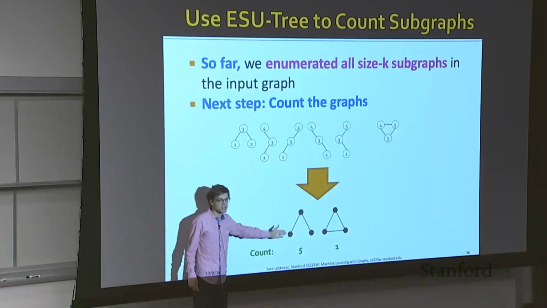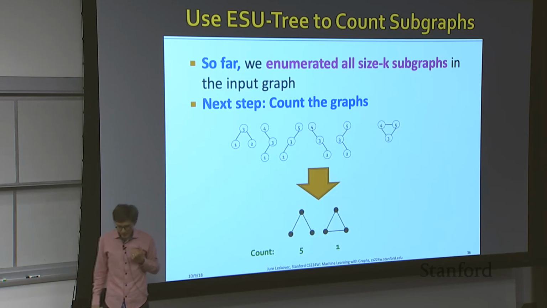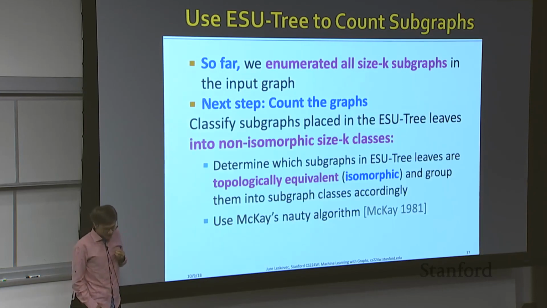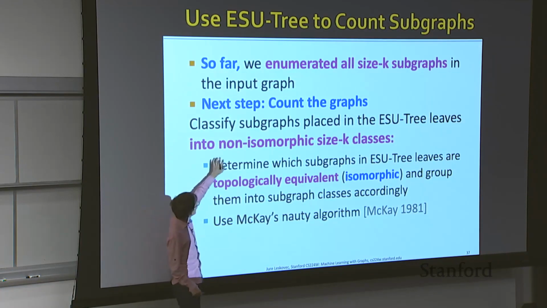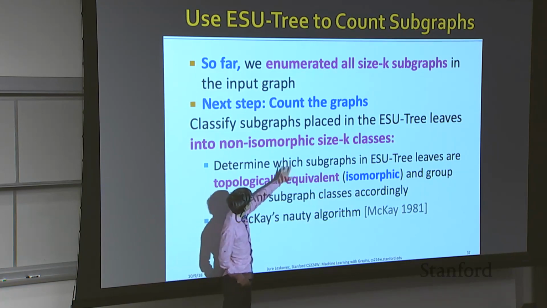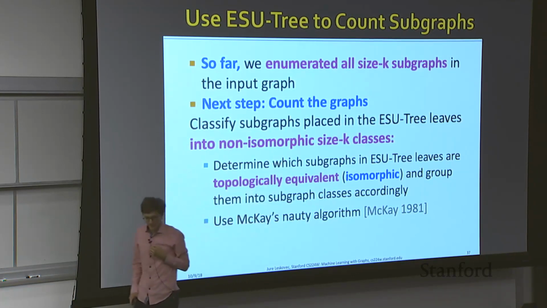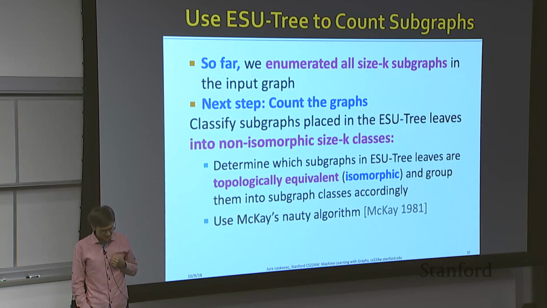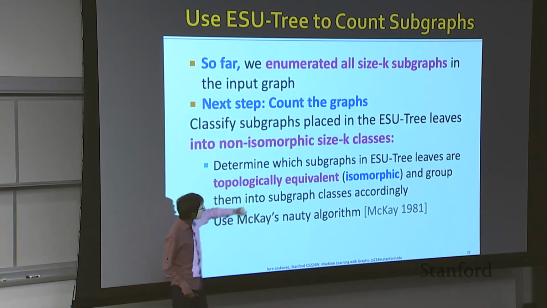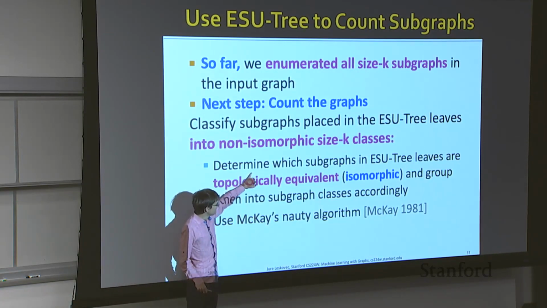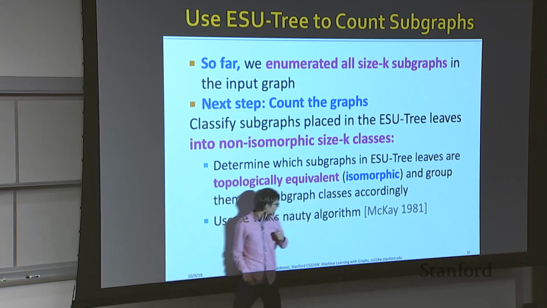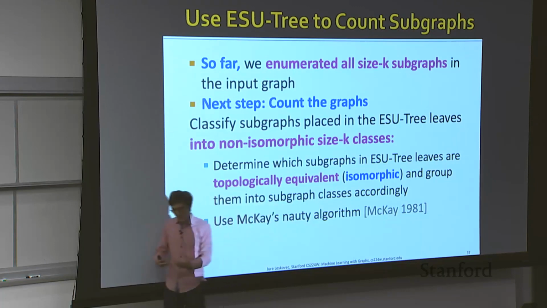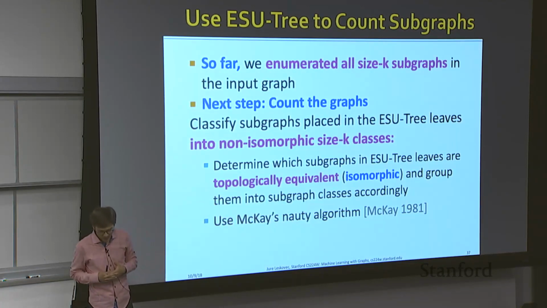So far I told you how to enumerate. Now I want to do this counting step. What we have to do is take these instances of subgraphs, identify them, and classify them into non-isomorphic graphs of size k. The idea is that we determine which subgraphs in the ESU leaves are topologically equivalent or isomorphic, group them together and count them together.